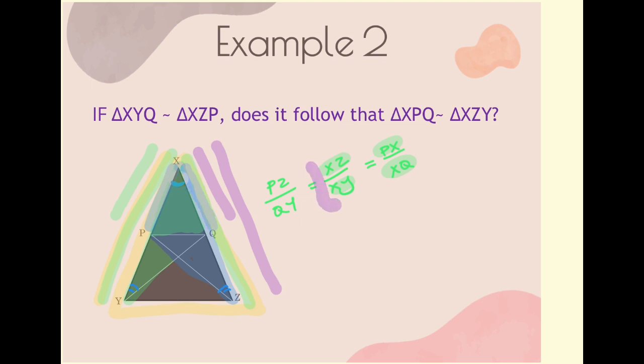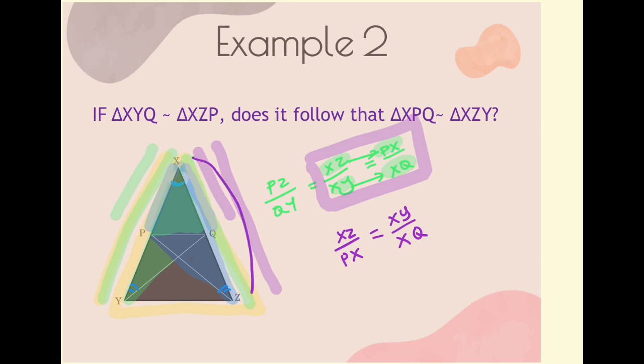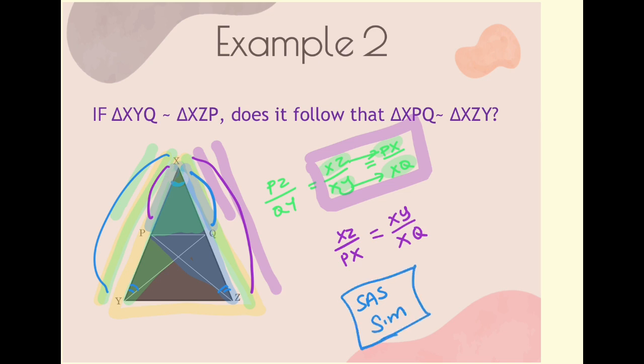Since you can take a proportion and match the numerators with the denominators, we can say XZ to PX would be equal to XY to XQ, and that's our XZ to PX and XY to XQ. So now you've got side angle side similarity there, which proves these are similar.